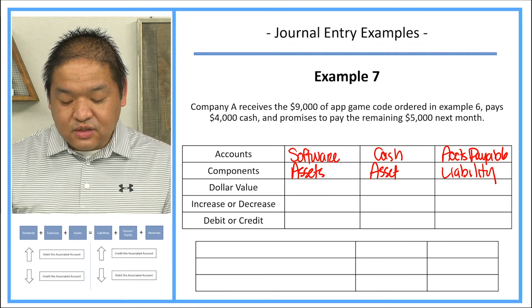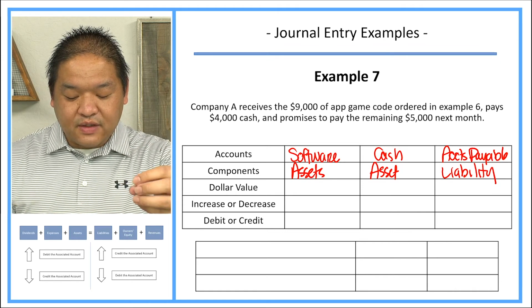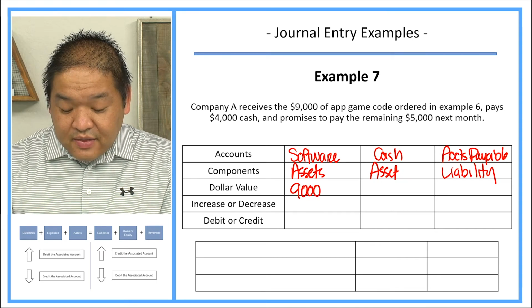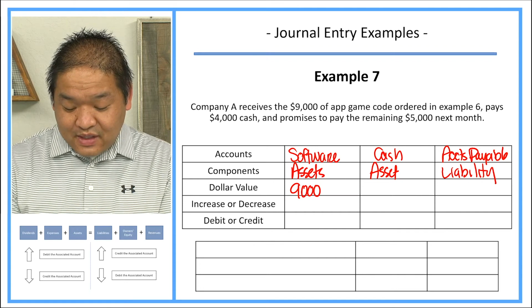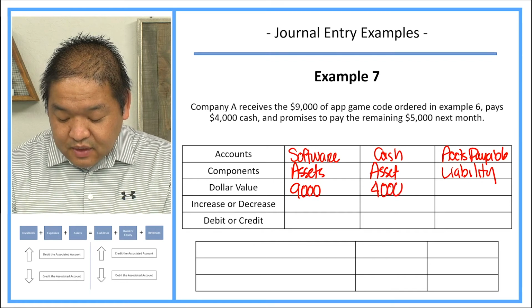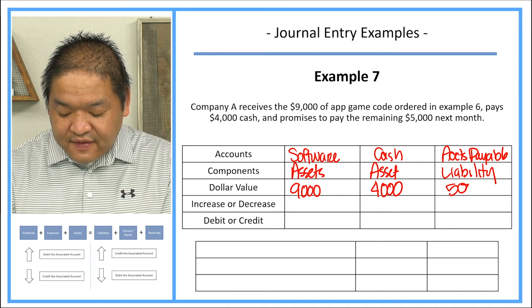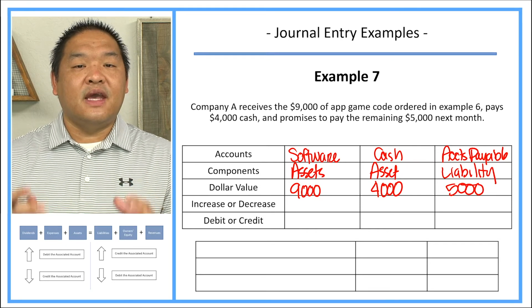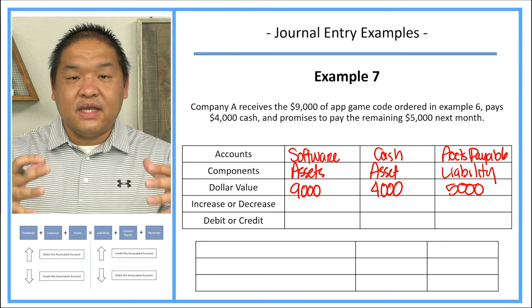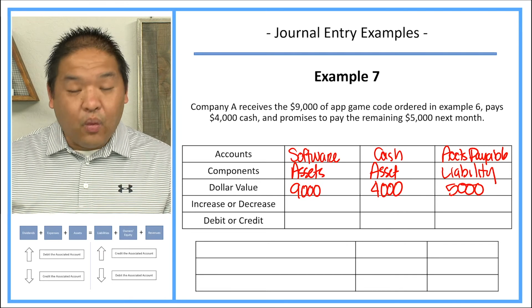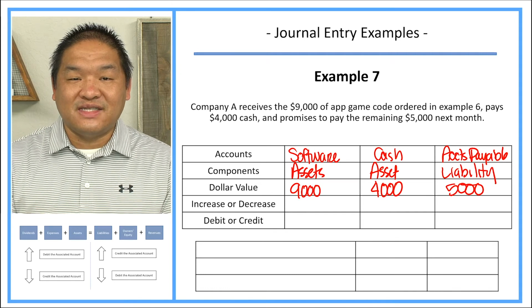Now the dollar value. The dollar value of the software to me is $9,000. The cash that I'm going to give up is $4,000. And then the promise to pay is $5,000. So again, this is one of those situations where you have to break it up a bit so that we have an idea of what's happening from a monetary standpoint.